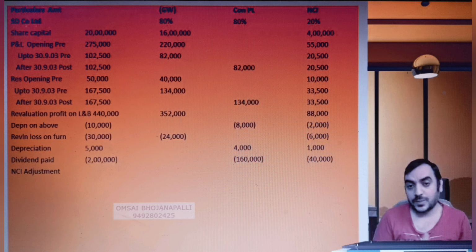They have provided WDV only, so no information on depreciation. Is there a printing mistake? They have provided WDV on 1/4/2003, the opening of the year, but we require the WDV as on 1st of October. They revalued, our book value compared with revalued, then we get revaluation profits.